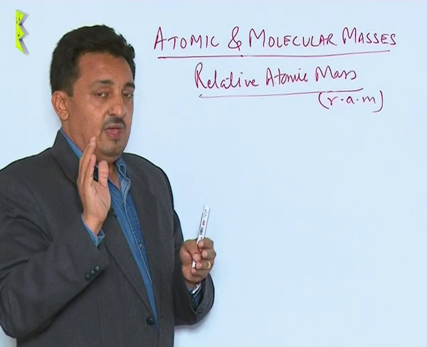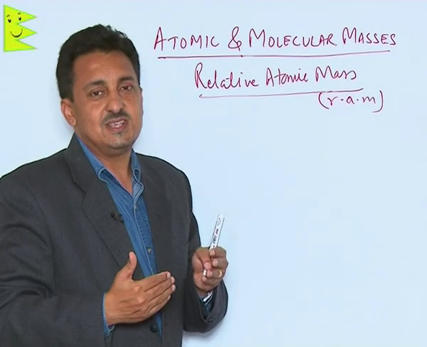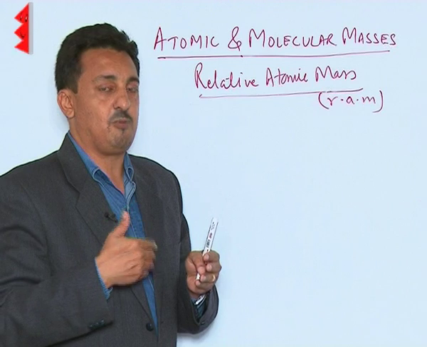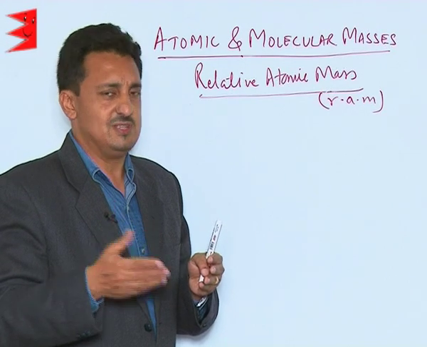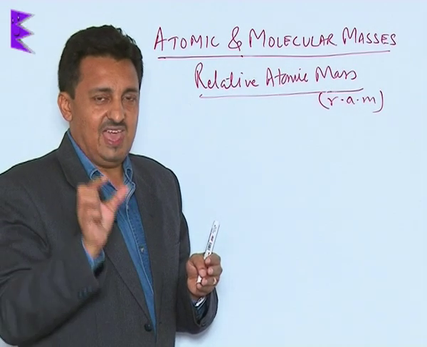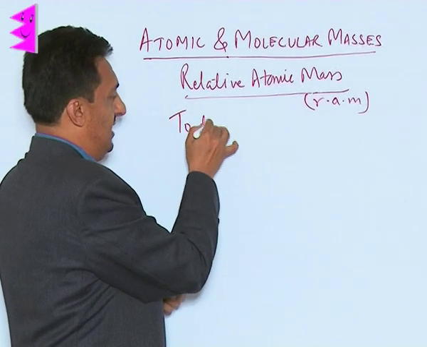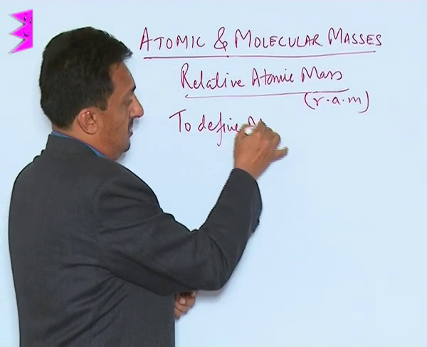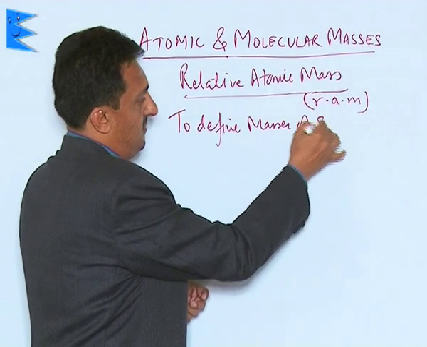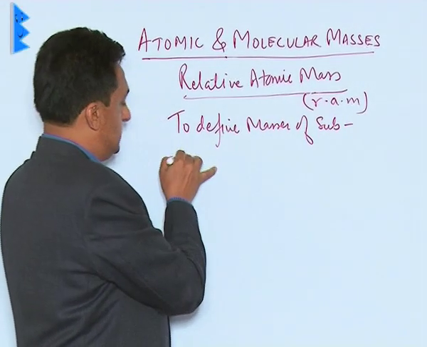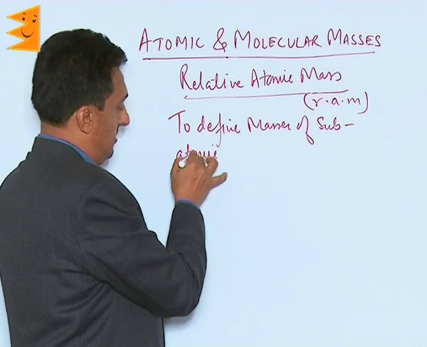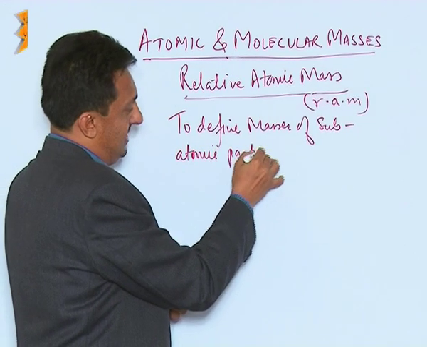So now, in order to define the masses of subatomic particles like protons, neutrons and electrons and so on, what we did is we gave first a term.